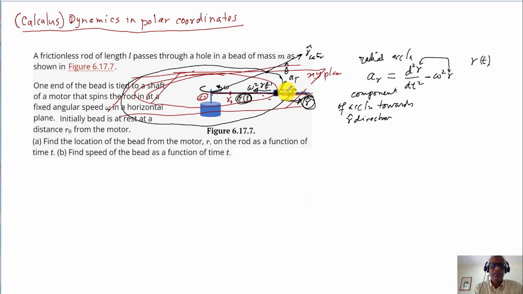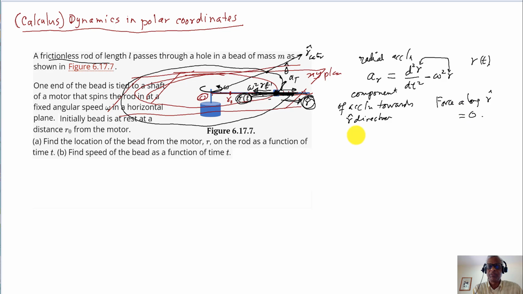Now in this there is no friction along the rod. That means that radially, if I look at the force along the r hat direction, it is actually 0.